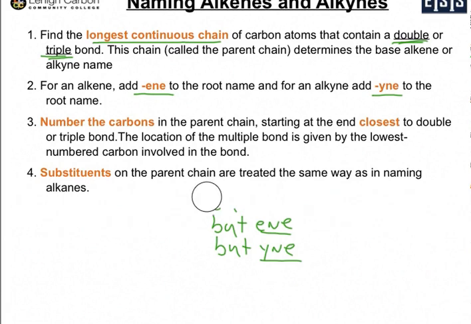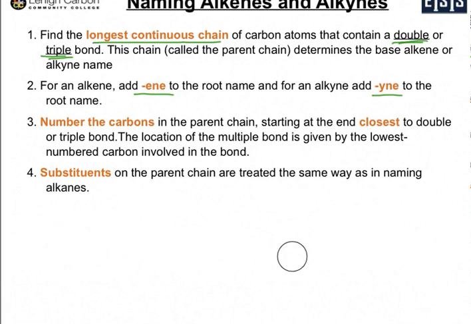Rule number 3, another little variation, is that when you number your carbons in the parent chain, you're now going to base that numbering on the double or triple bond. You're going to make the double or triple bond have the lowest number.